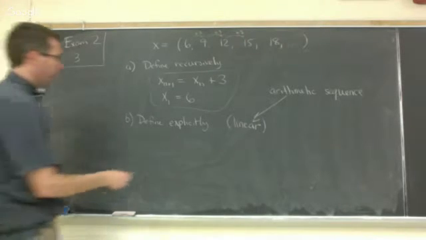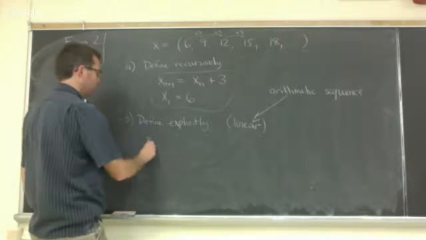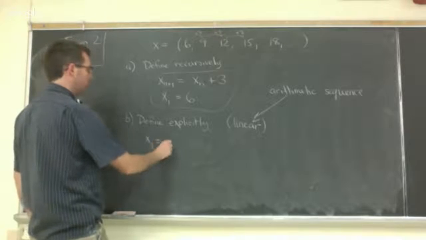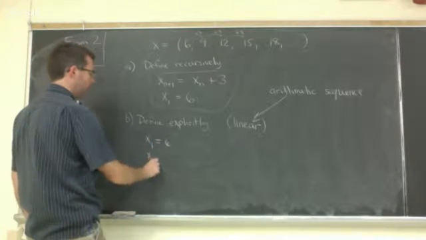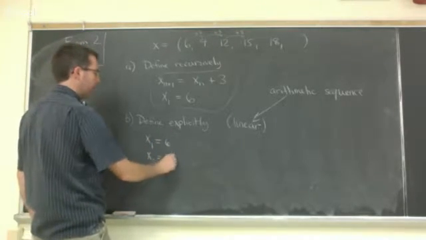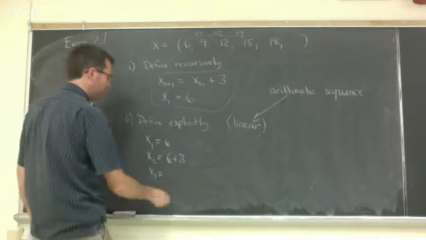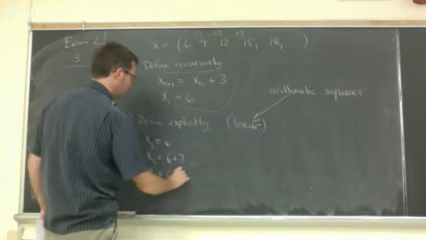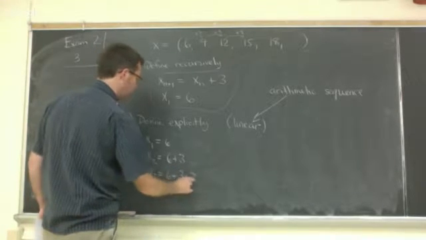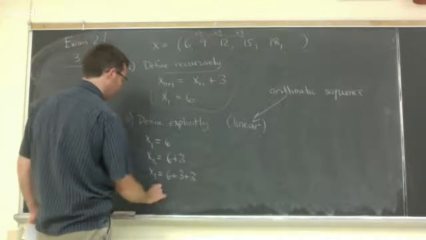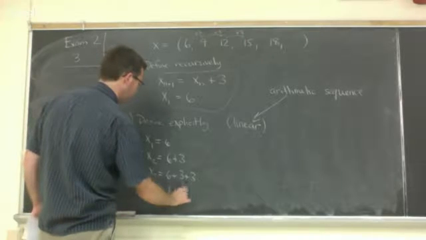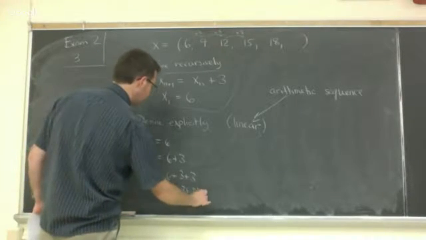Now, if I were to look at my formula, the first value was 6. And the second value, how did I get the 9? Well, I added 3. And the third value, I added 3 twice. And the fourth value, I added 3 three times.